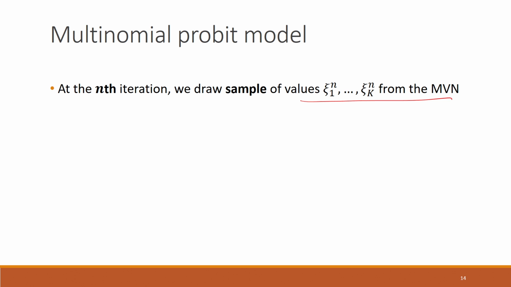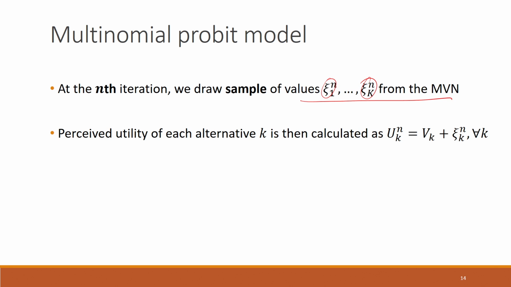That means we randomly pick one point from it, which is a vector with the value of the first error term, the second error term, until the last error term for the kth alternative.